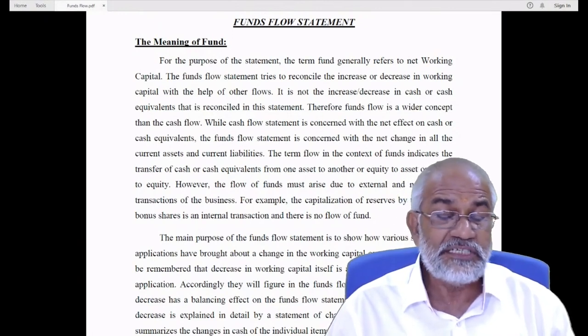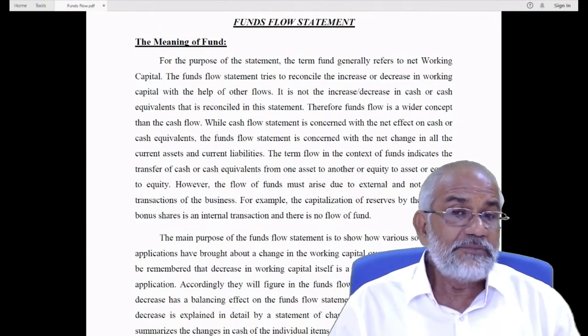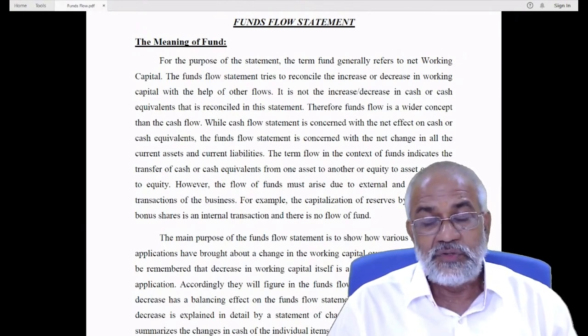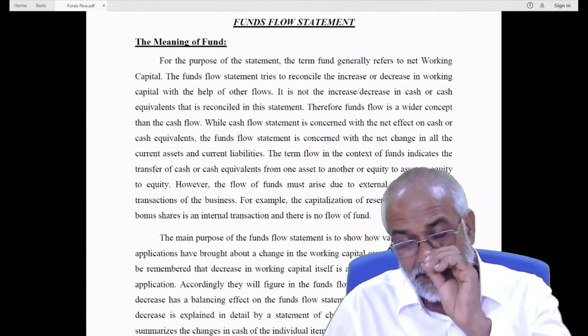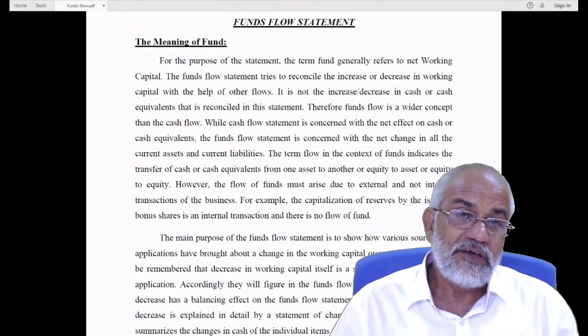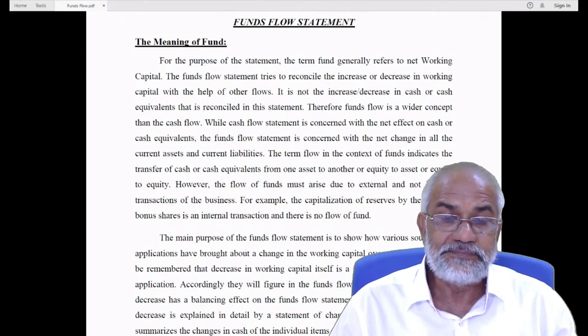So what is fund in its actuality? The meaning of the term fund is the net current asset, which is otherwise called the free current asset, or the excess of current assets over current liabilities, or current assets minus current liabilities, or in other words, the net working capital.